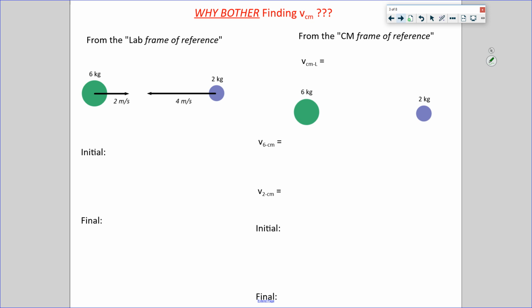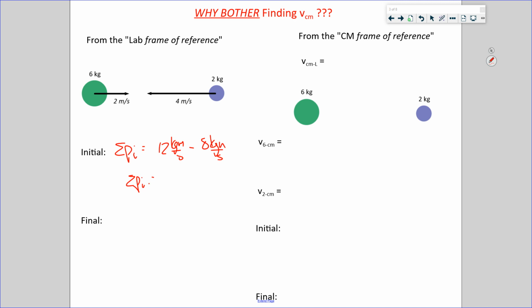Let's run a little analysis of this situation. We've got two objects, two different masses, two different velocities, different directions. Initially, the net momentum is, well, let's see, we got 6 times 2, we got 12 kilogram meters per second right, and 8 kilogram meters per second left, hence I subtract.